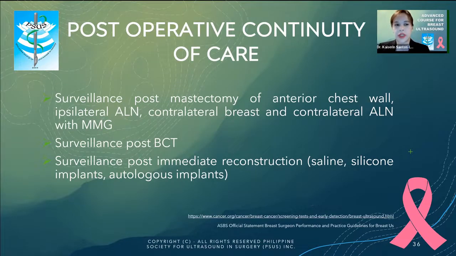The utility of ultrasound is also for our post-operative continuity of care, for surveillance of our post-mastectomy patients: their anterior chest, their ipsilateral axillary lymph node, contralateral breast, and contralateral axillary lymph node, with an emphasis that this contralateral side will also need mammogram. Also, surveillance post-breast conserving therapy, especially that architectural distortion should remain as a distortion and no other lesion growing in that area.